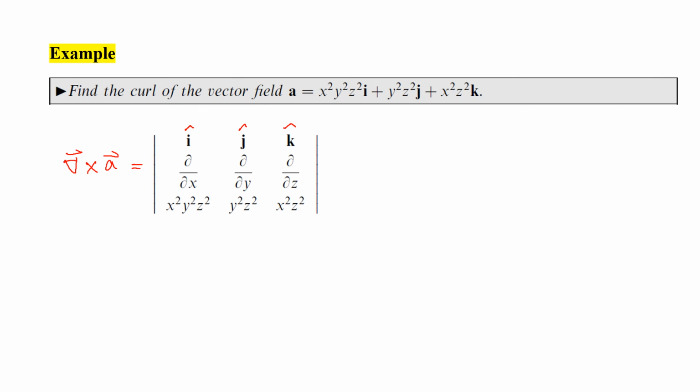You just evaluate the matrix to find the determinant, and you are supposed to get this answer. I hope you evaluate this determinant yourself to verify that it is indeed the answer to the curl of your vector field A. So please solve this one on your own. You may pause the video for a while.